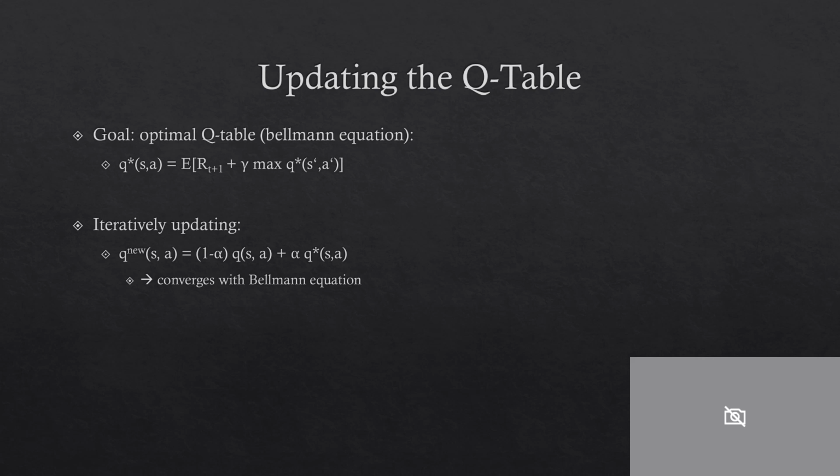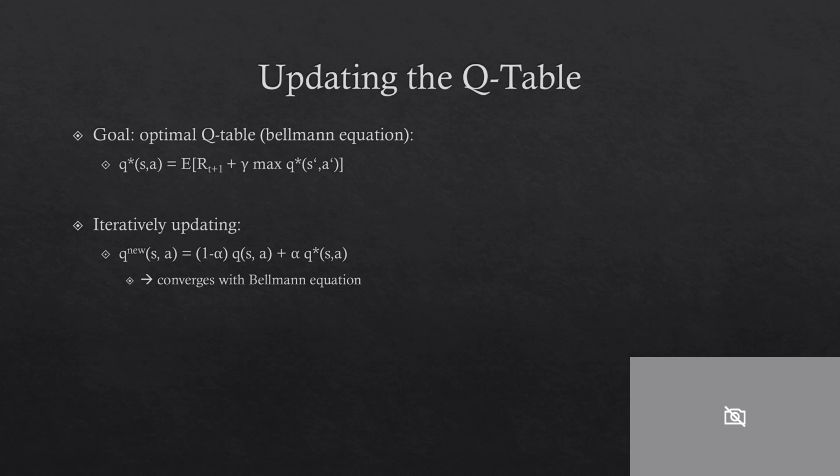We've talked about gamma before as well. It's the discount factor, bigger than 0 and smaller than 1, and it makes sure that the future rewards are not taken into account as much as the immediate reward.